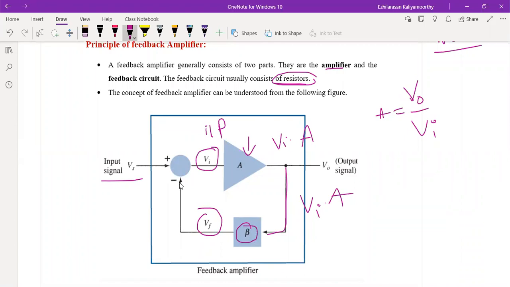So from the overall circuit, what is Vi? Vi is equal to Vs minus Vf.